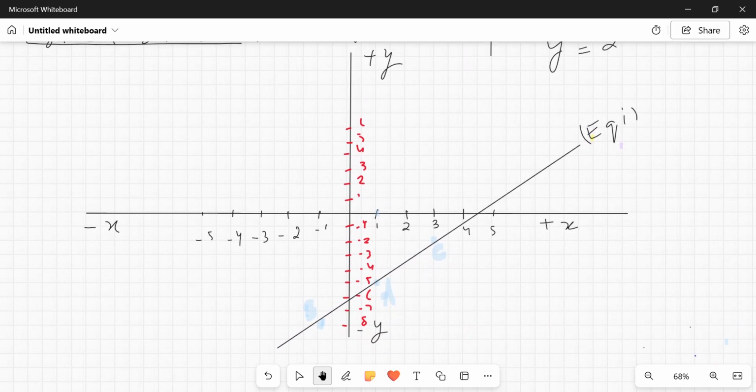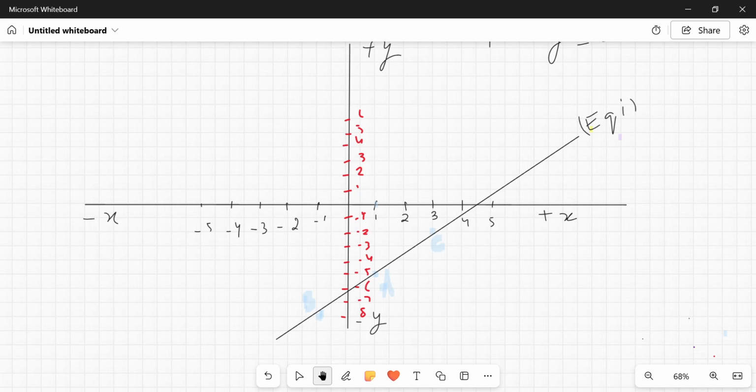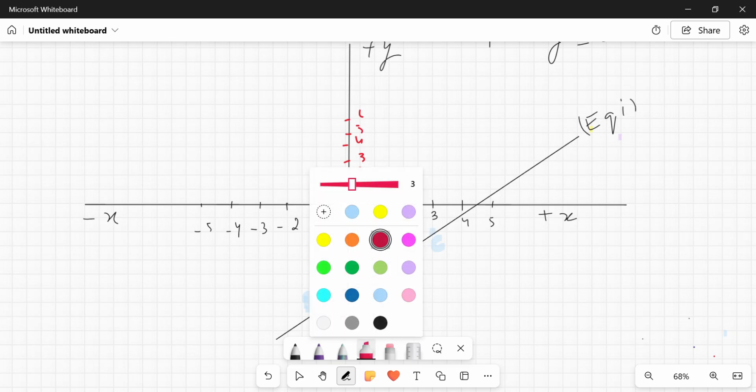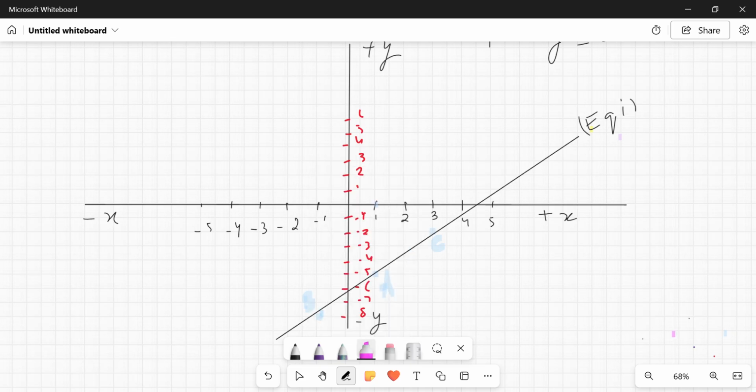Okay, let's plot these values. I'm taking pink here. Now equation 2, the first value x is 0 and y is also 0, the center part. So I'm writing here A, right? Now, the second one is x is 2 and y is -2.